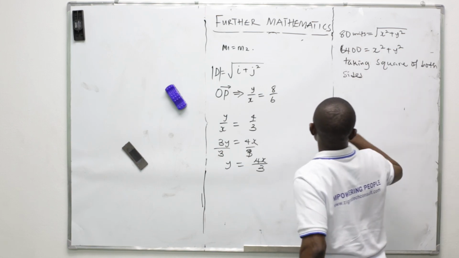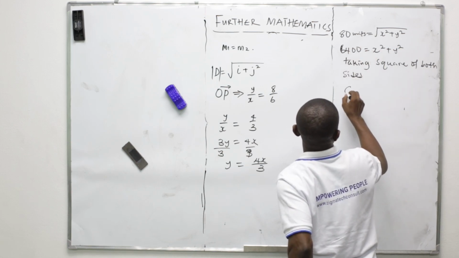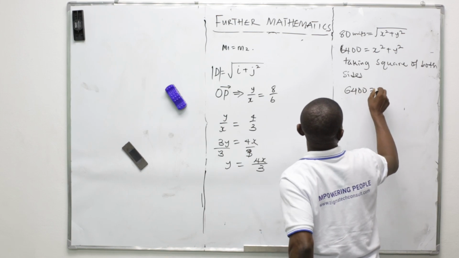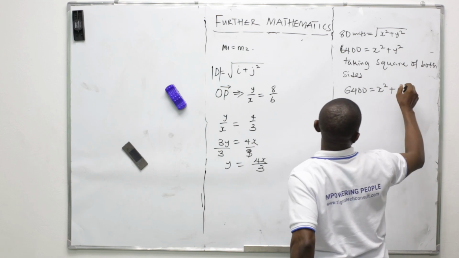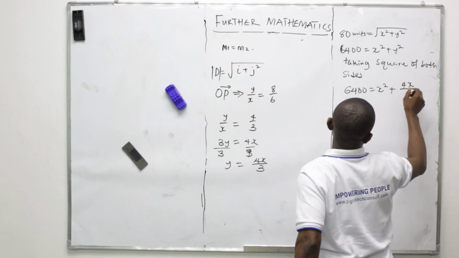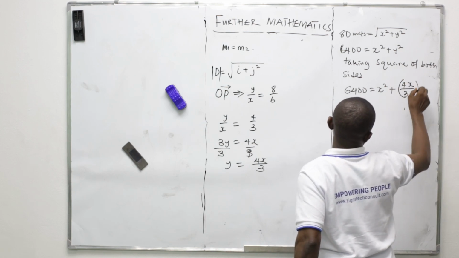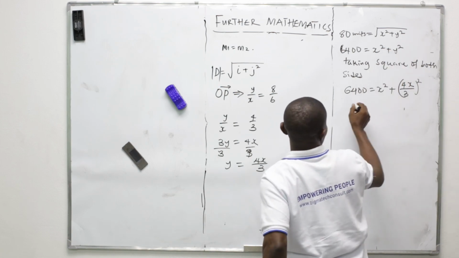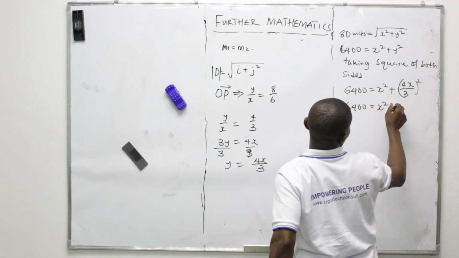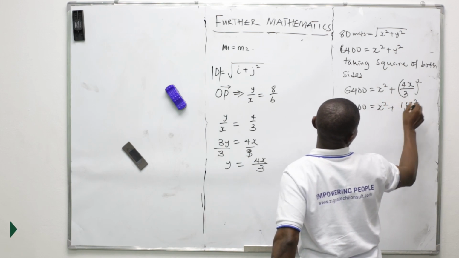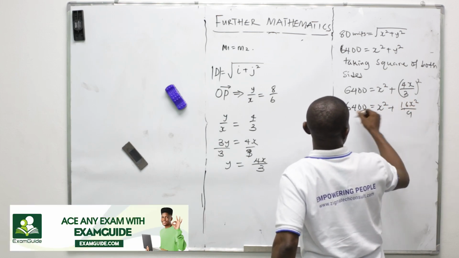That's what we will have. Now, 6,400 equals x squared plus y squared. Recall that y is 4x all over 3, all square, because y here is carrying square. 6400 equals x squared plus 16x squared all over 9.